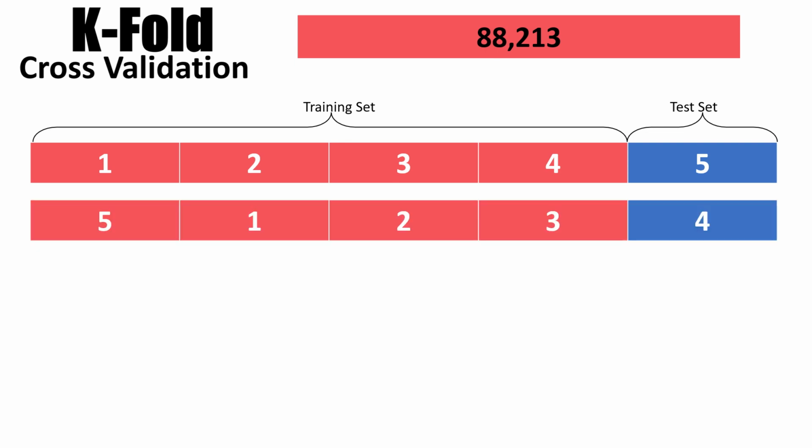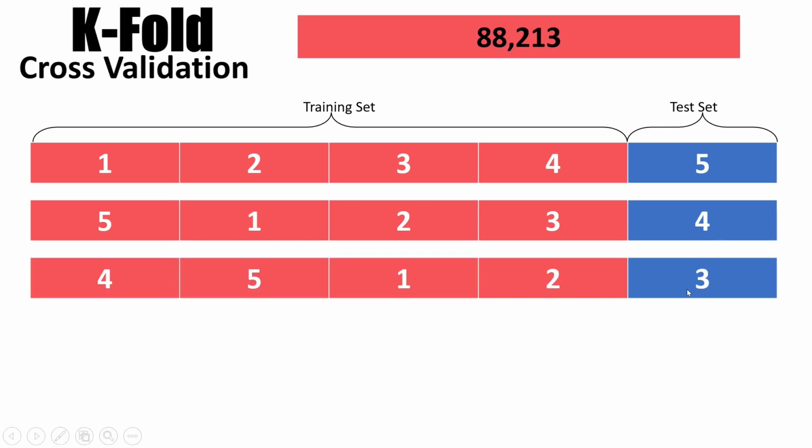In the second iteration, the fifth set I have included in the training and the fourth set I'm using for test. In the next iteration, the fourth, fifth, first and second folds I'm using to train my model, and this third fold I'm using to test it.